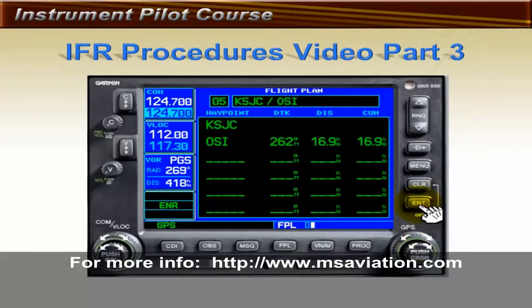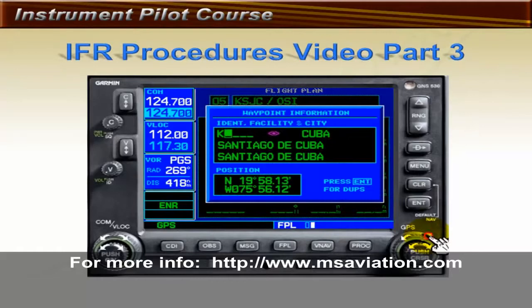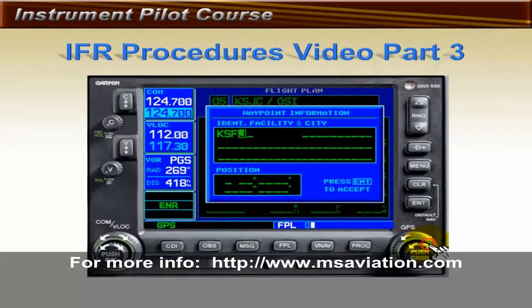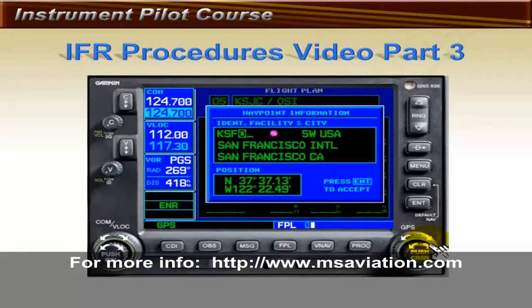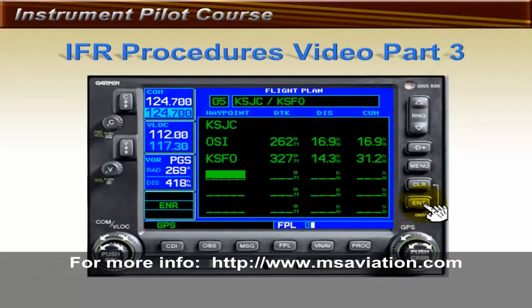And then finally, KSFO. And Enter. Now we have the basic flight plan built. So the next thing we're going to do is add a departure from San Jose to the flight plan.